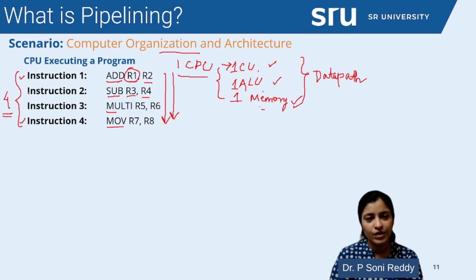We will study how much time it takes to do sequential execution. Sequential execution means it will complete instruction 1 fully, and only then can it start executing instruction 2. Once instruction 2 is completely done, then we can do instruction 3.